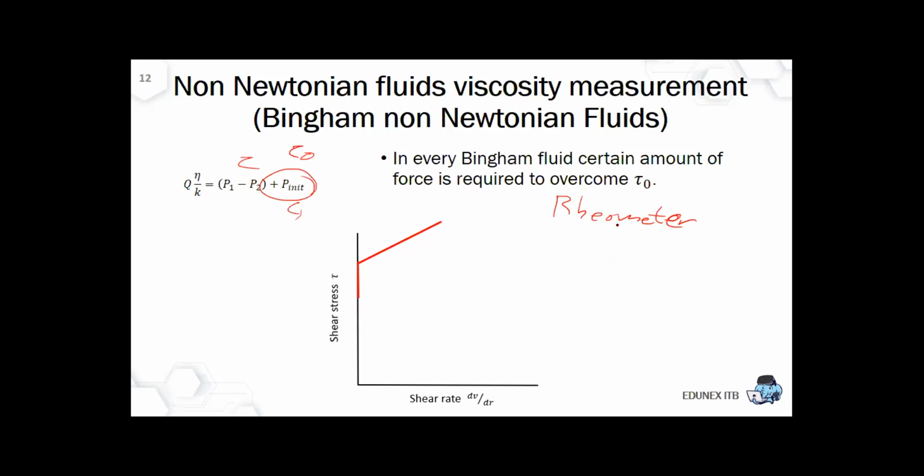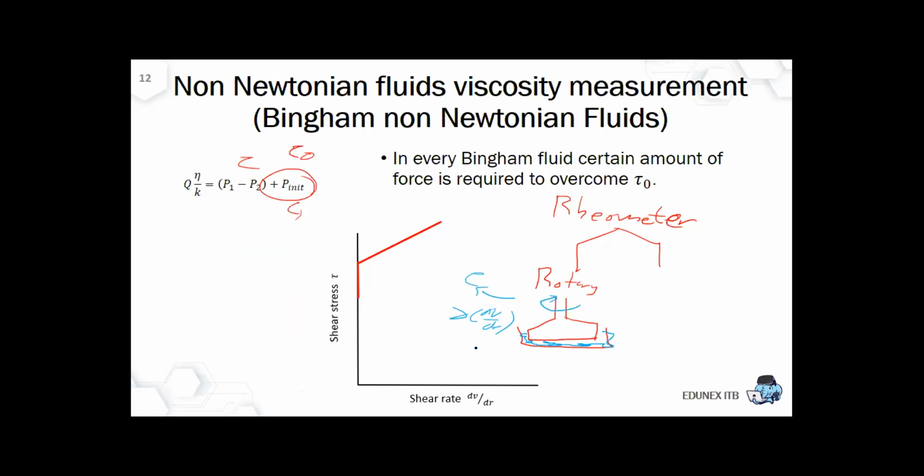Usually there are two types. This one is the rotary one. We have a kind of concentric rotator here, and here is the vessel of the fluids. I give you a different color here, and the fluid is kept in this slit. Then they turn it, measure the tau from here, and also measure the gamma, the dV per dr here.